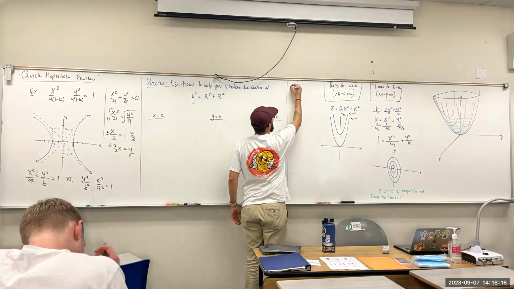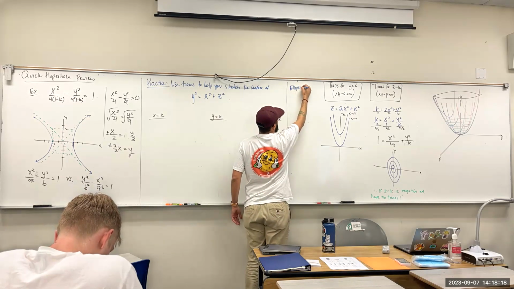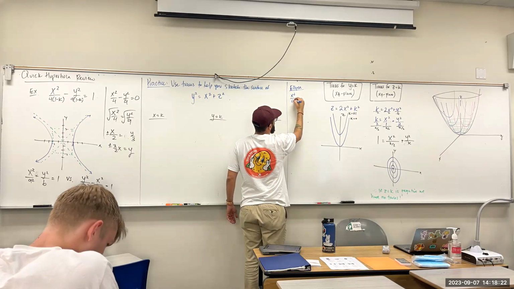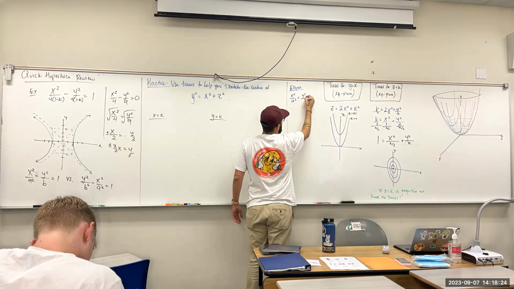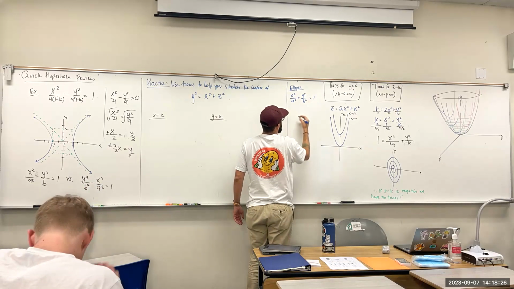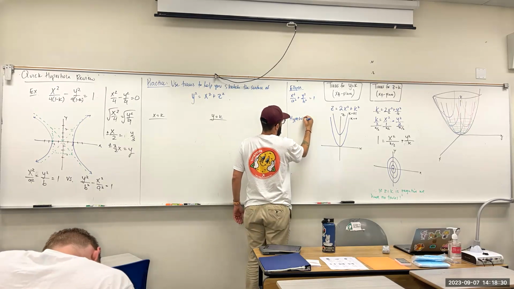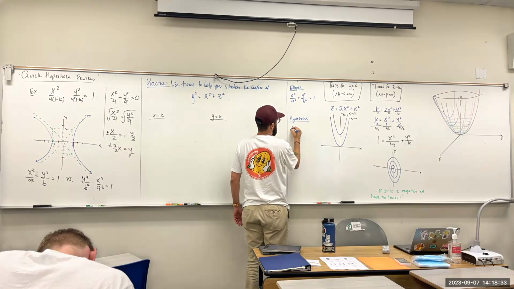Let me just remind you. So for ellipses, usually you have something. I'm gonna write it all in x, y. Usually it looks like this. For hyperbolas, it's similar.